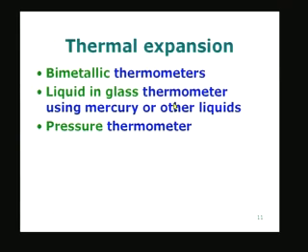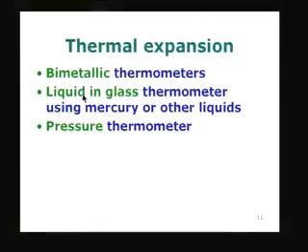So, liquid in glass thermometers or liquid in metal thermometers are very common, and these are used in day to day practice. We will not be considering too much detail on this, because there is not too much detail which one has to know. There are other thermometers like bimetallic thermometers, which are made by taking two different materials having two different coefficients of expansion and then placing them together intimately.